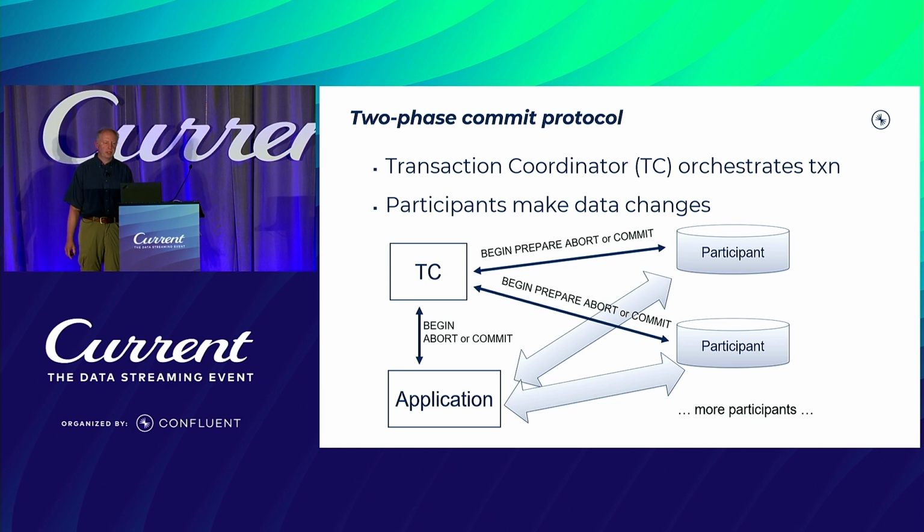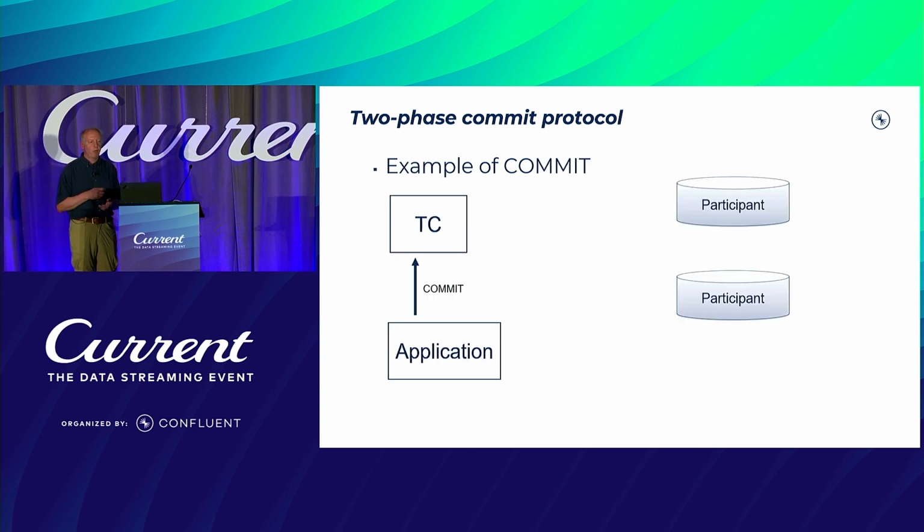If the prepare phase is successful, then it will write a commit decision and communicate the commit decision to the participants. If anything fails before the commit is successful, then the transaction is aborted, and the abort decision is communicated. And so now let's walk through an example to illustrate how this protocol works.